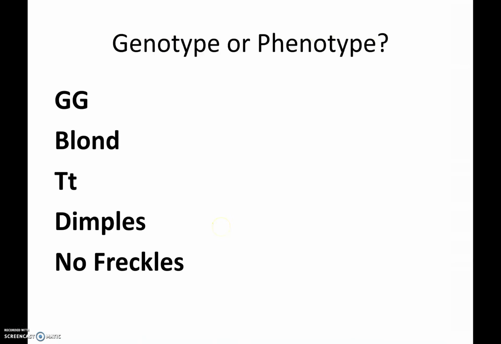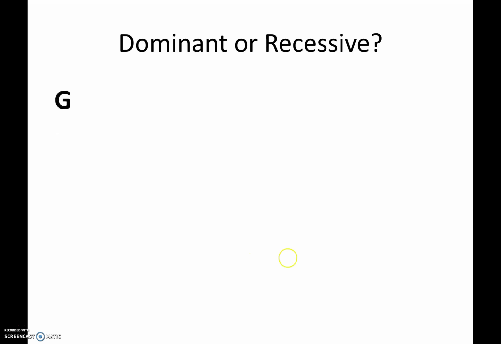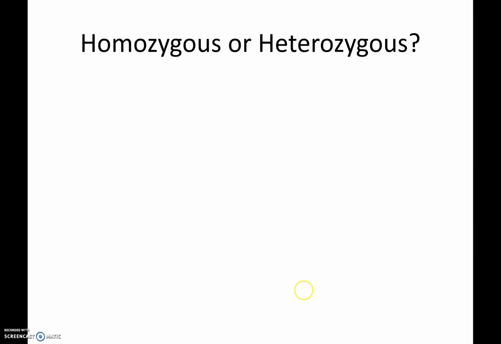Here we have, when we talk about genotype or phenotype, if I ask, hey, what's the genotype? You would answer me homozygous dominant, heterozygous. If I ask for phenotype, you'd say blonde, dimples, no freckles. Okay. And we write our alleles with letters. The dominant is going to be capital, and the lowercase represent our recessive alleles.